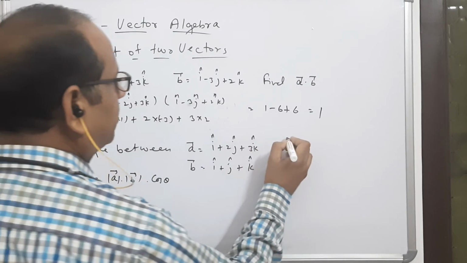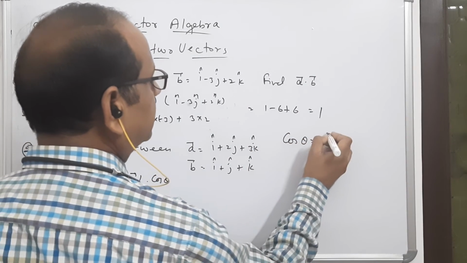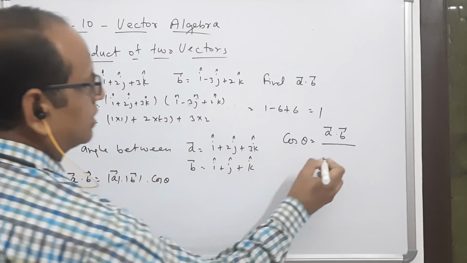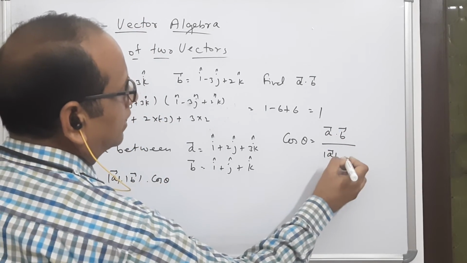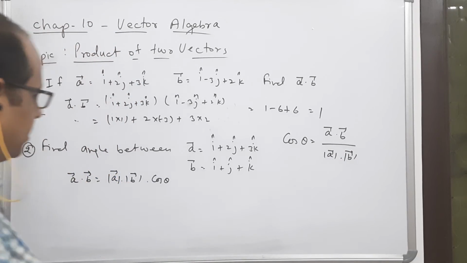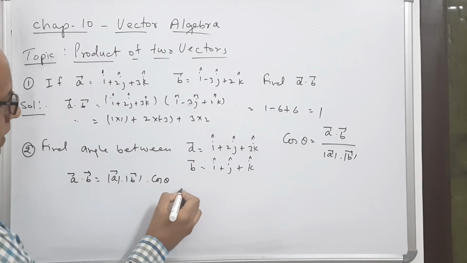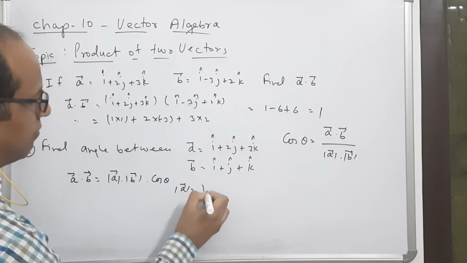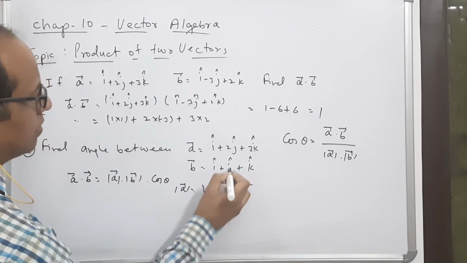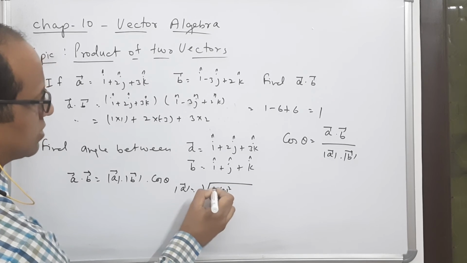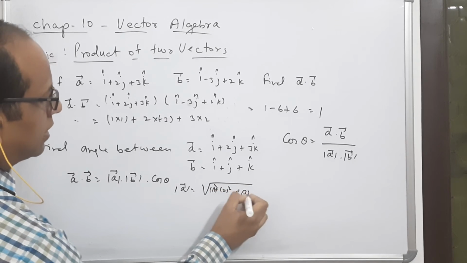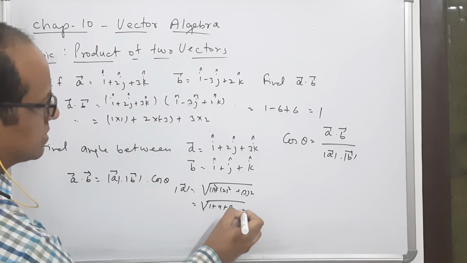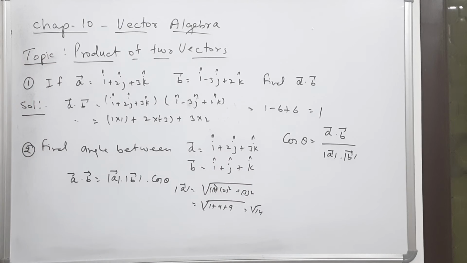So the angle between two vectors is given by cos theta equals A dot B upon the magnitude of A and the magnitude of B. In this problem, the magnitude of A will be root of 1 square, 2 square and 3 square. So it will be 1 plus 4 plus 9, and the answer is root 14.